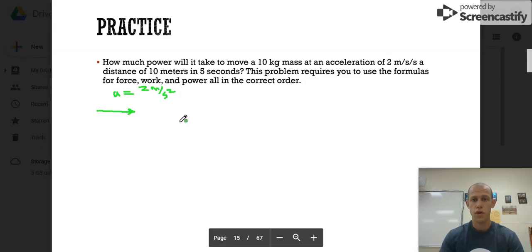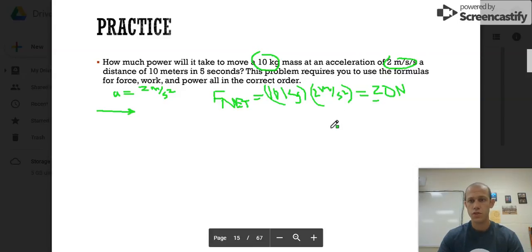Okay, so that means our net force is going to be calculated by our mass times our net acceleration. So our net force that is being applied is 10 times 2. Is 20 newtons.